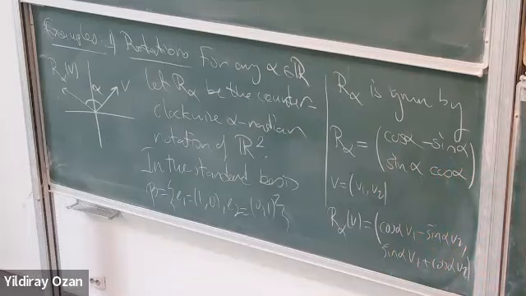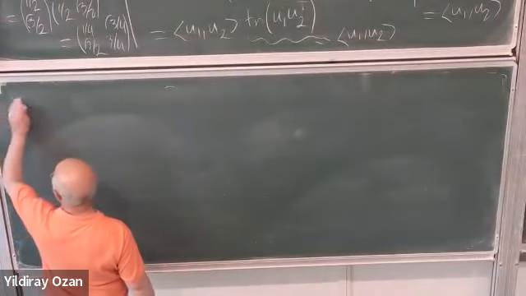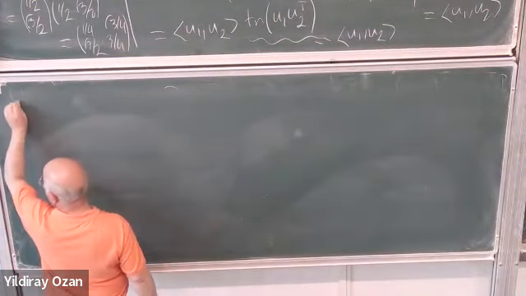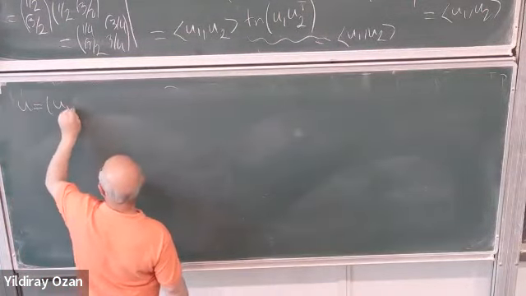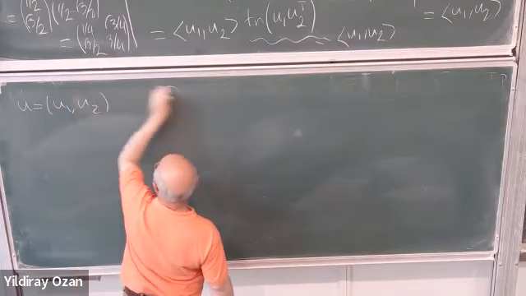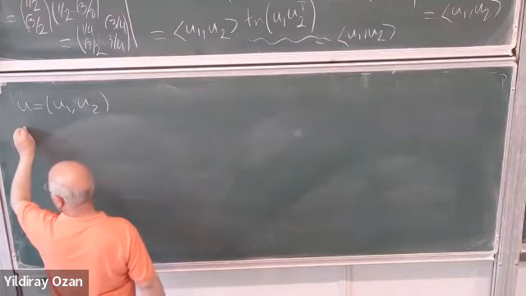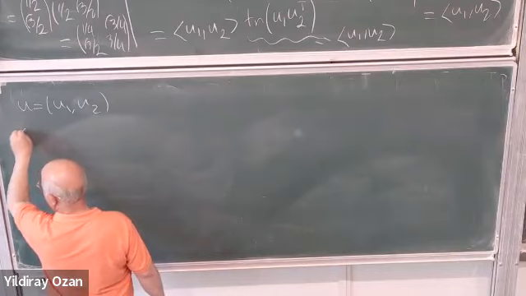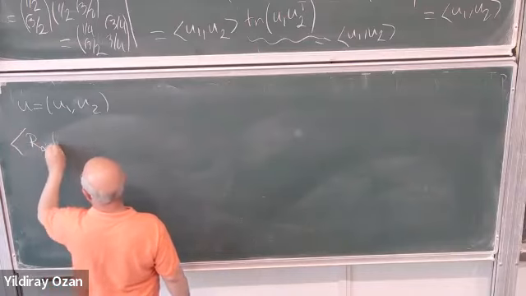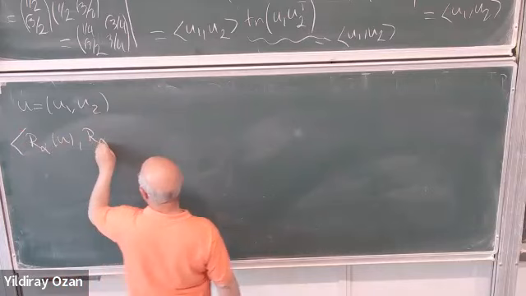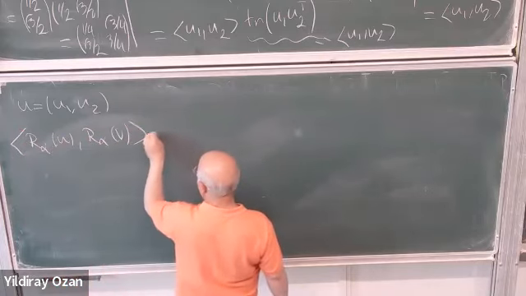So if you just take two vectors, that is vectors u = (u1, u2) and v = (v1, v2), then the inner product of R alpha u and R alpha v will be what?